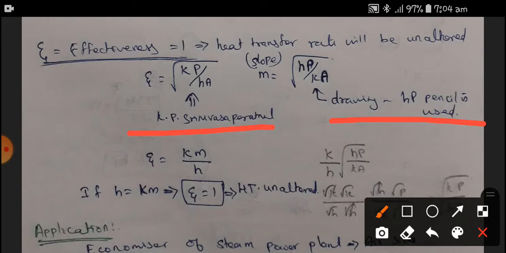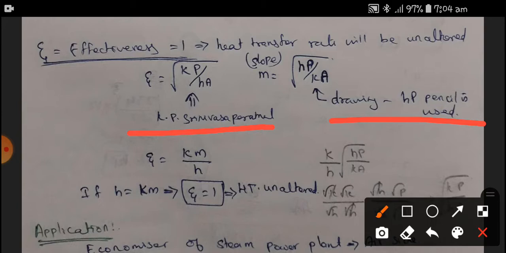So KP is an effective person. He is excellent in drawings, so he always uses an HP pencil for any drawings. Drawing means definitely the slope is there. So for the slope it is hP by kAc, whereas for effectiveness it is kP by hAc.